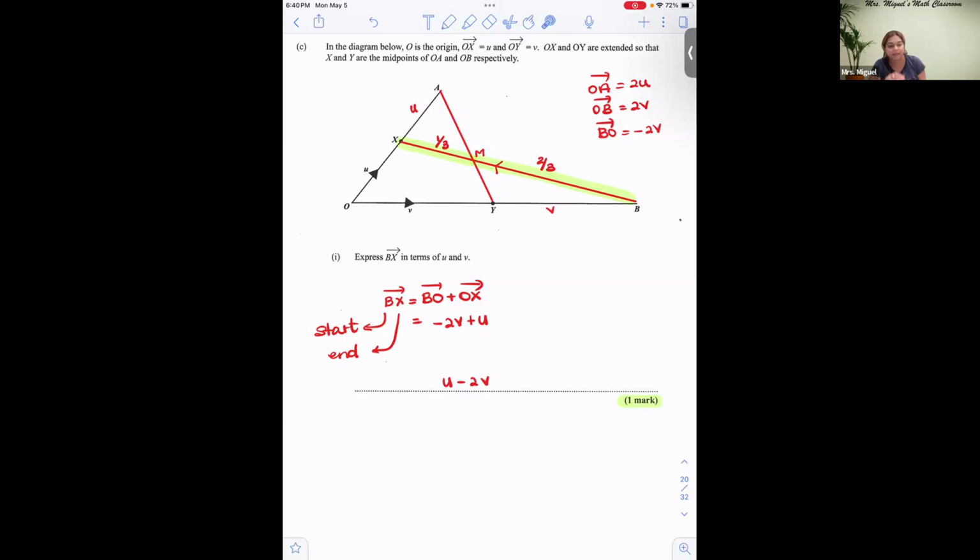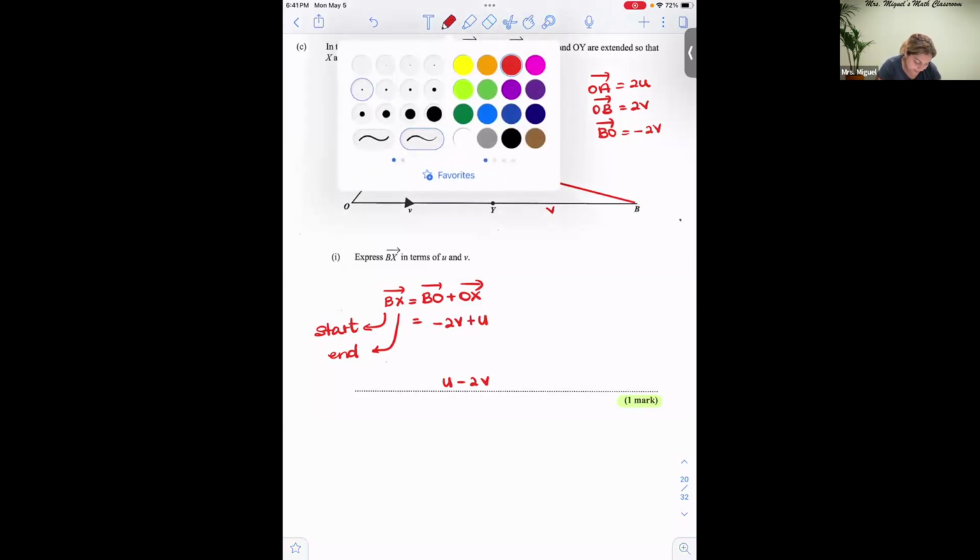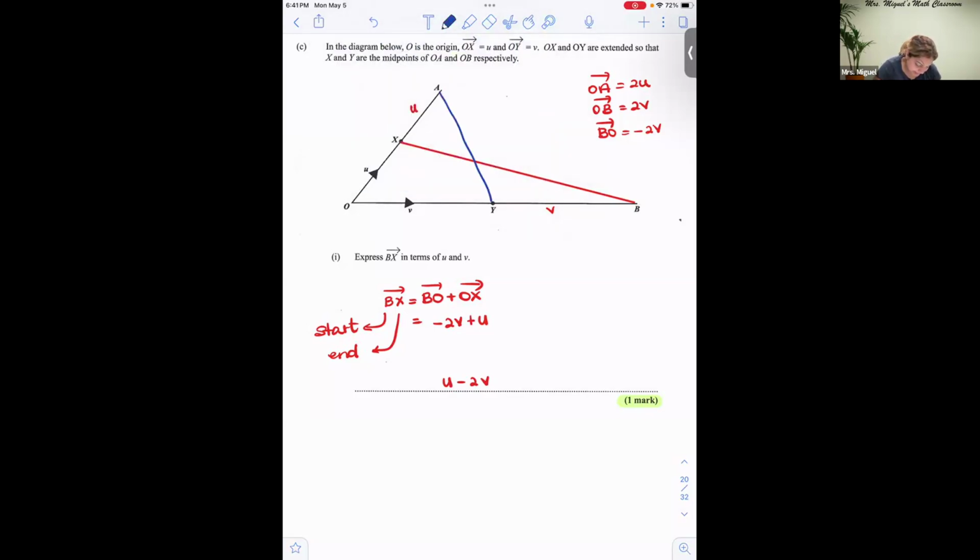So let me go through that again in case it was a mouthful and I lost you somewhere. What they told us in the question is that, I'll take all this. This is the line that we had originally, right? Then they said that this line meets the other line at M. You are required to find this vector.